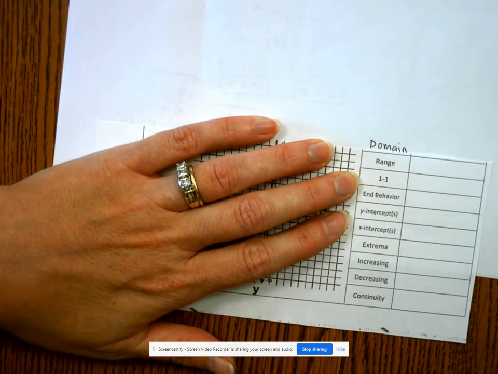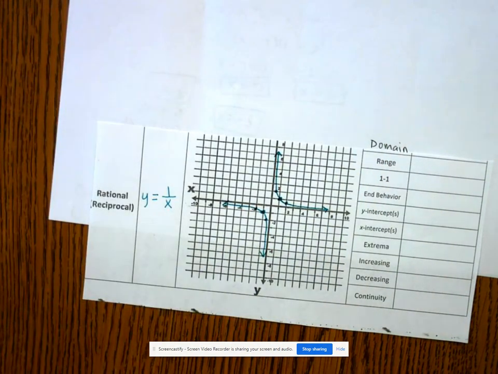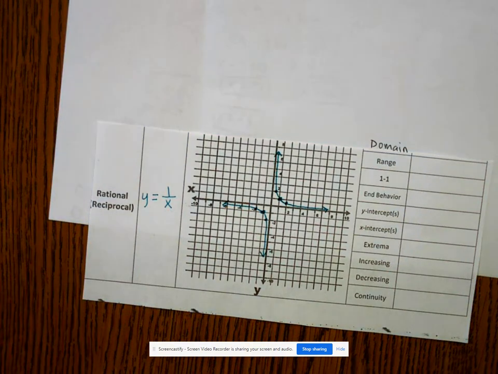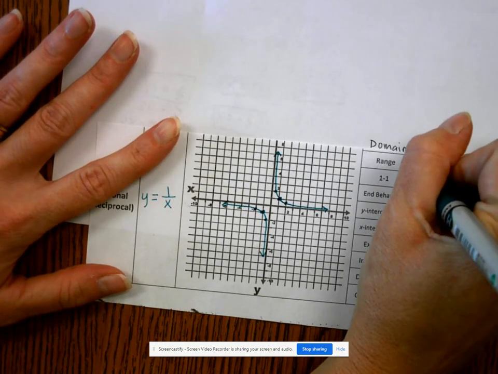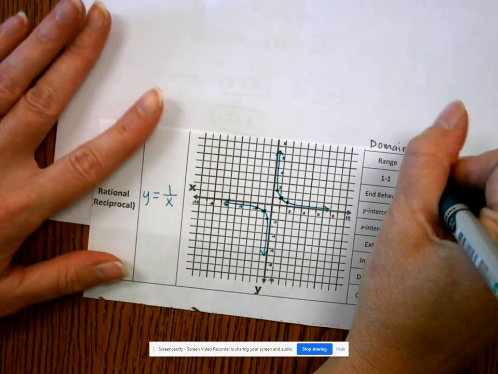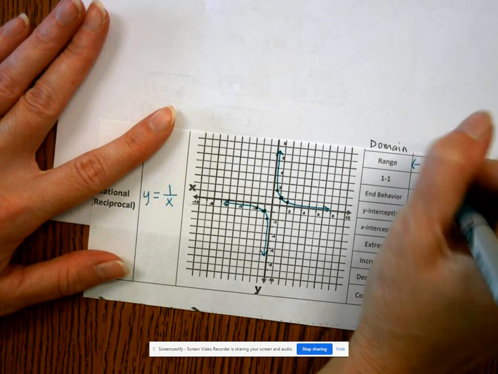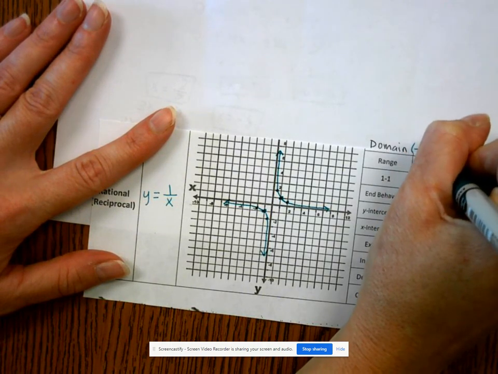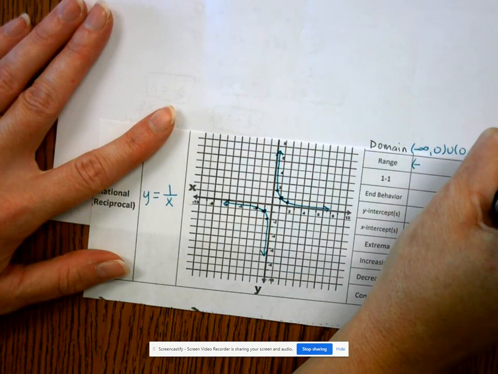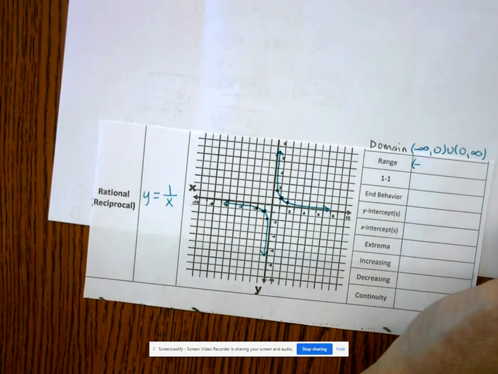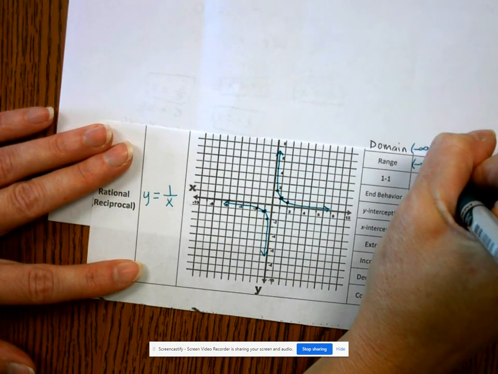All right, so the domain is all numbers, but we can't include 0 in that. So you can say all numbers except 0, or if we do it in interval notation, we'll say go from negative infinity to 0, jump over 0, and go to infinity. And then the range is the same thing.